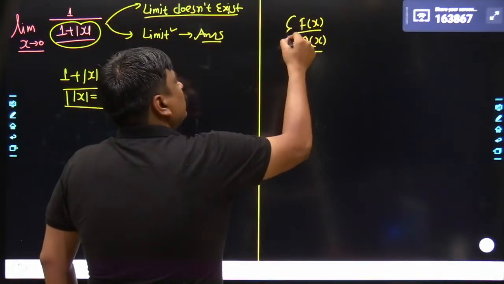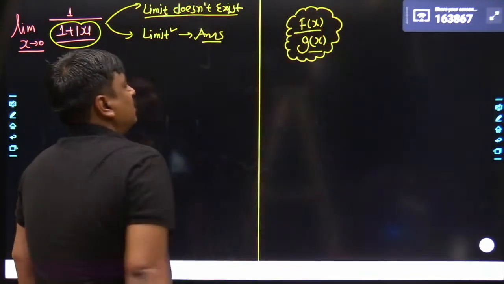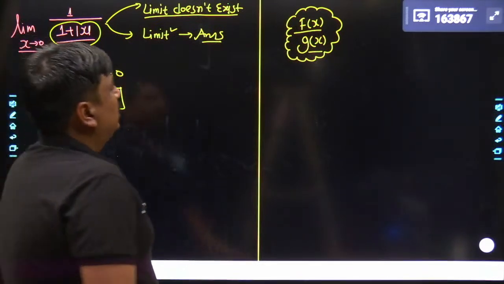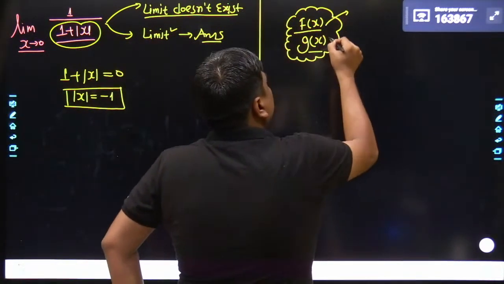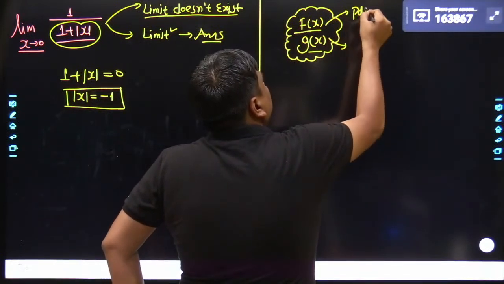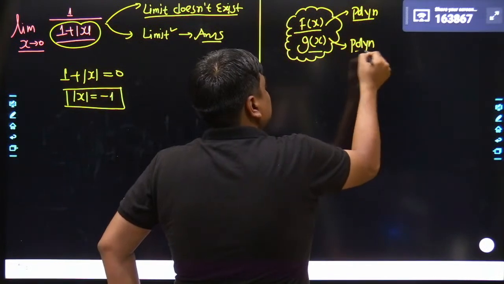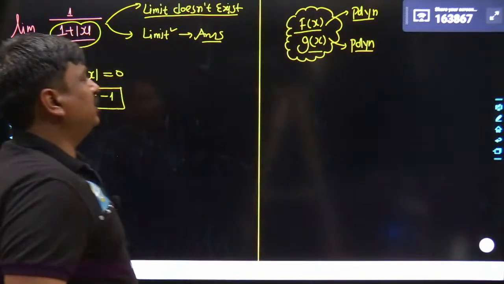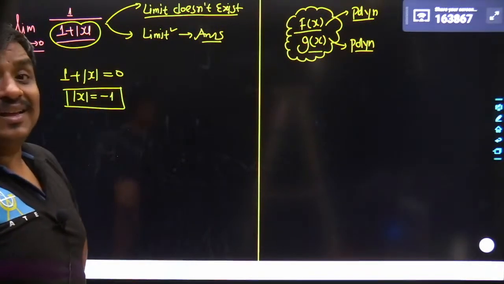If you have to analyze its limit existence as well as continuity, what do you have to do? You have to factorize f of x as well as g of x. One thing is quite sure, both of them are polynomials. The nature of polynomials was already taught in an earlier lecture of the engineering mathematics series. So first you are going to factorize them.